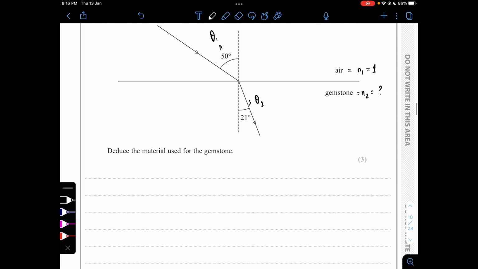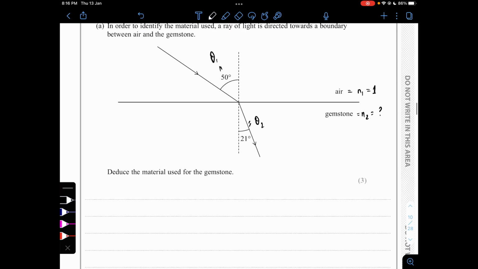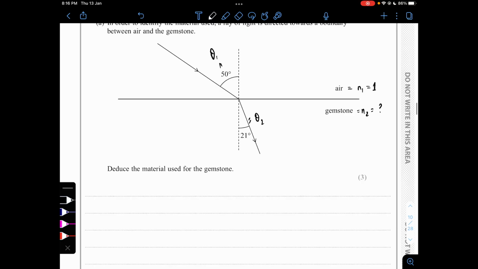So we have n1 sine of 50 equals n2 sine of 21. Now we know n1 is 1, so sine 50 equals n2, and we can just put sine 21 on the other side.